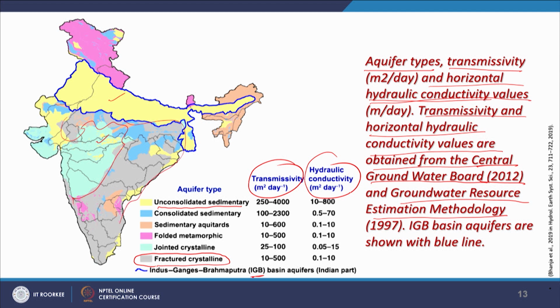If you compare these two values, transmissivity in square meter per day is quite little as compared to the Ganga basin. Similarly, if we look at the hydraulic conductivity, it is again relatively very high, and in the case of fractured crystalline rock it is less.